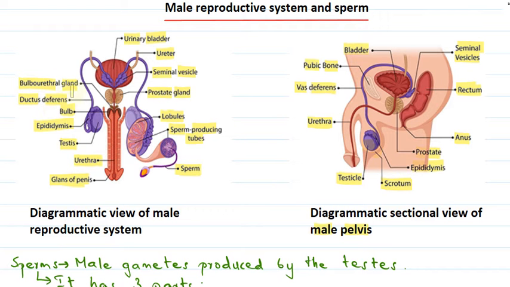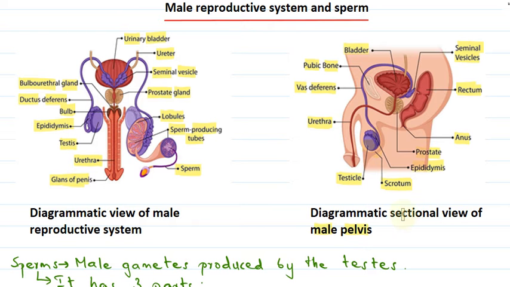Then there is the bulbourethral gland, also known as Cowper's gland, which is a pea-shaped gland we can see here, present in males, and it is located beneath the prostate gland, at the beginning of the internal portion of the penis. We can see here.